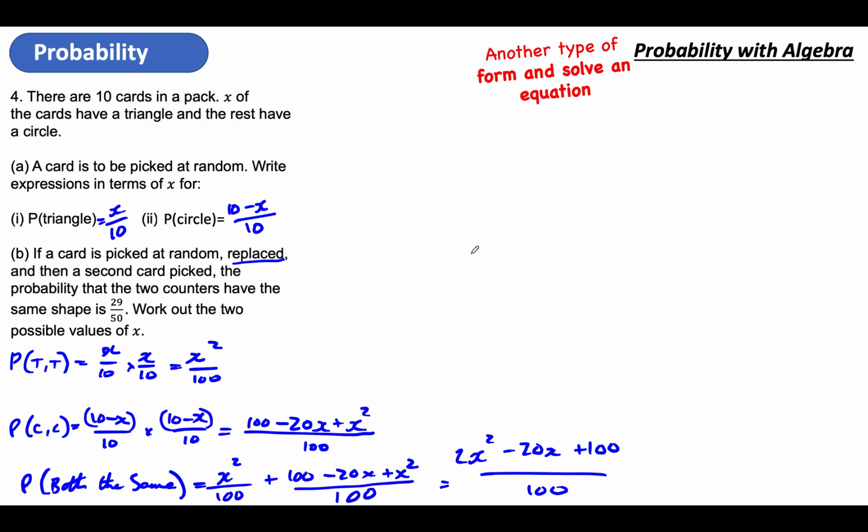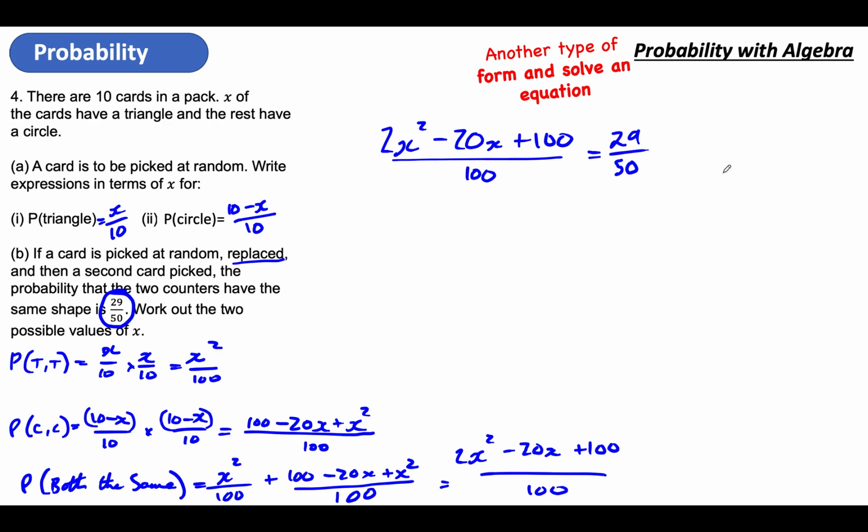Helps us think. Now let's use the extra bit of information in the question. 2x squared minus 20x plus 100 all over 100 is the probability of both being the same, but it also tells us that, well, did you know that equals 29 out of 50? Okay, now we need to solve.